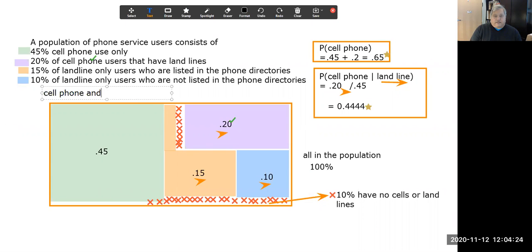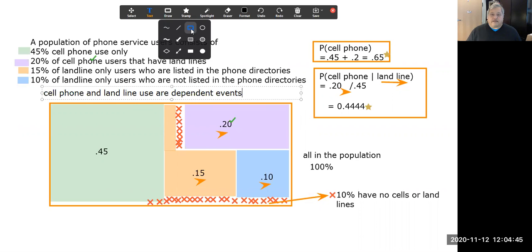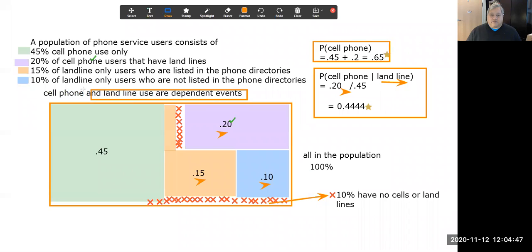Cell phone and landline use are called dependent events. Having a landline means you are less likely to have a cell phone, would be another way of saying that. People who have landlines are less likely to have cell phones because they're only 44% likely to have a cell phone, not 65%.